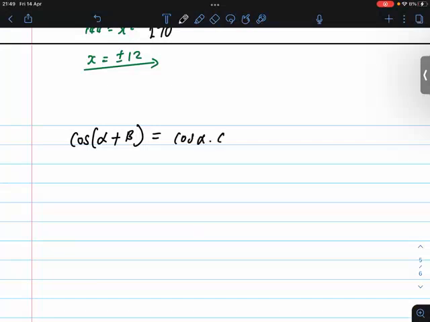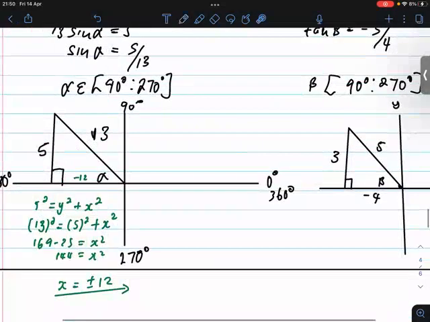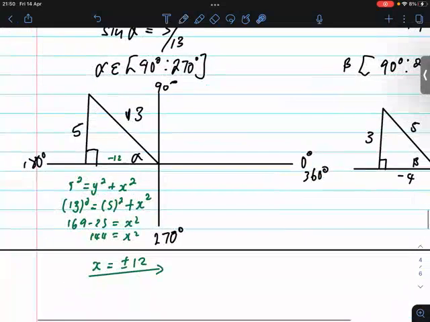Cos alpha cos beta. But then remember for cos, if this is plus, this will be minus. Minus sine alpha sine beta. To understand what is cos alpha from this diagram. Cos alpha from this diagram is adjacent over hypotenuse.